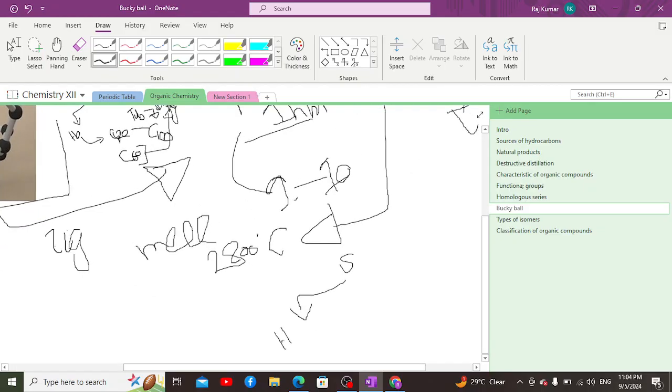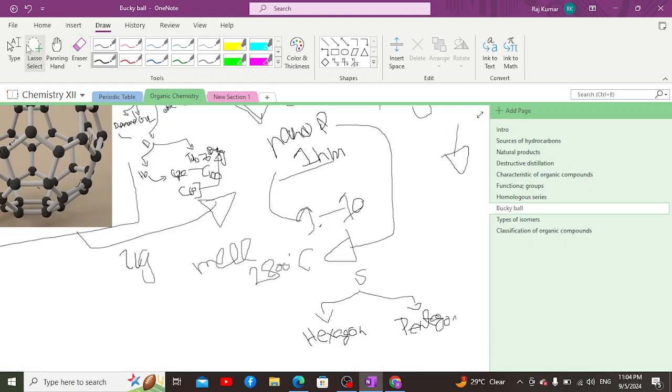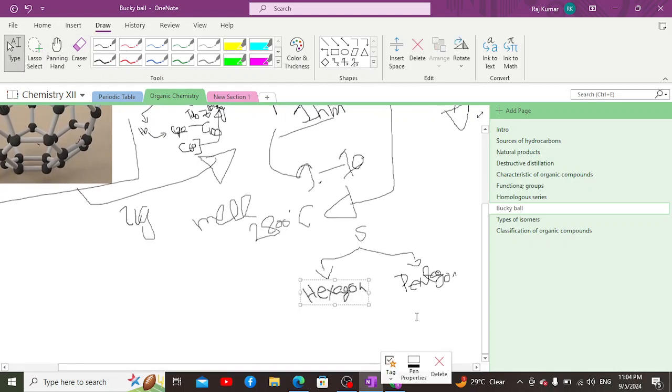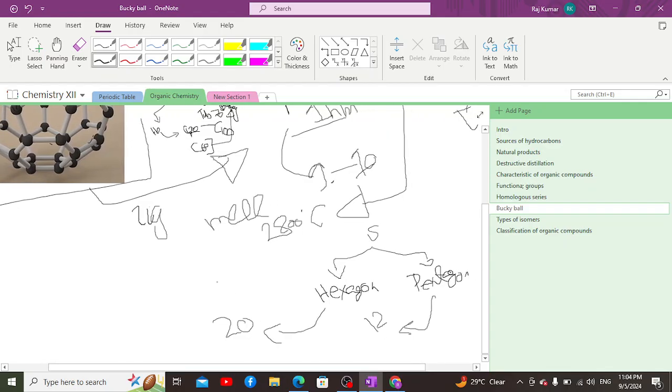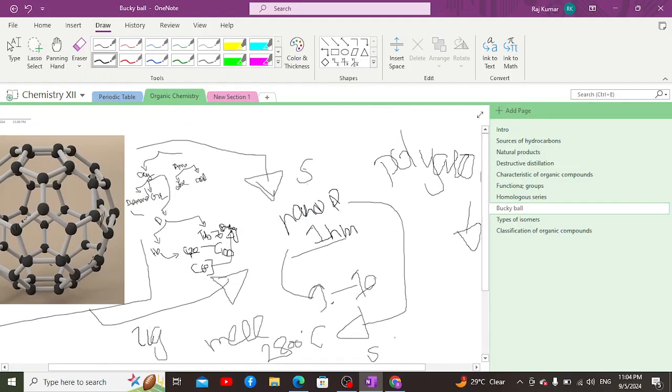Number one is the hexagonal unit, in which there are six carbons, and number two is the pentagonal unit, in which there are five carbons. Hexagonal units are found 20 in number in each buckyball, and pentagonal units are found 12 in number in each buckyball, and each pentagon is linked with hexagons. Hexagon and pentagon share their sides.